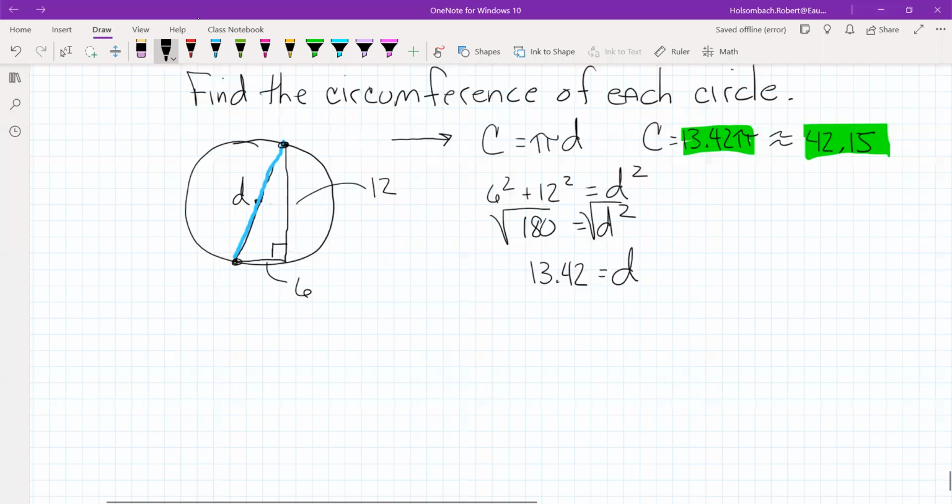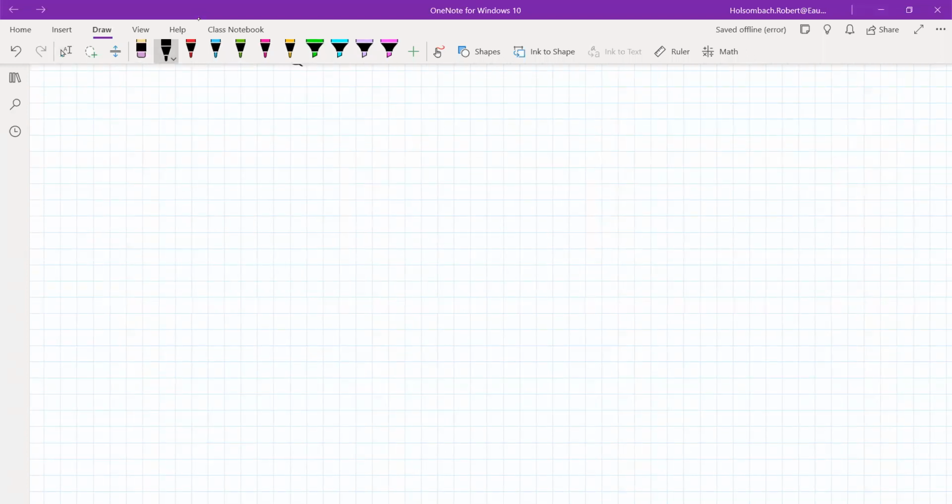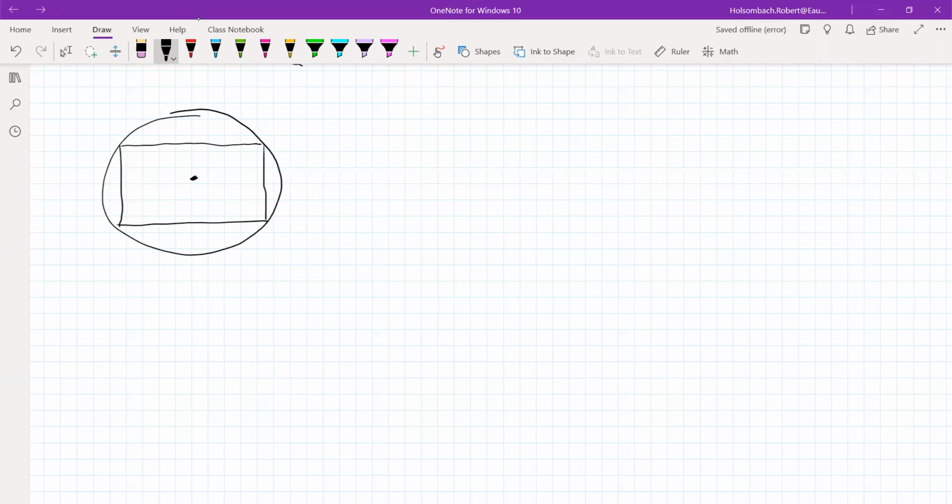Let's take a look at a rectangle inside of a circle, with one side as 11 and another side is 6.